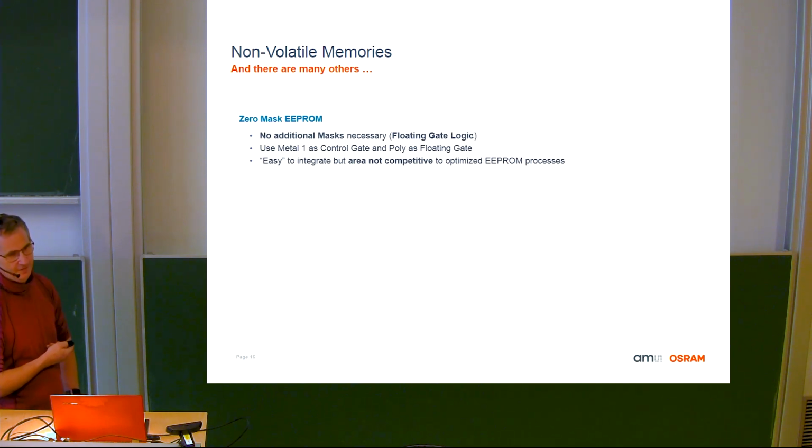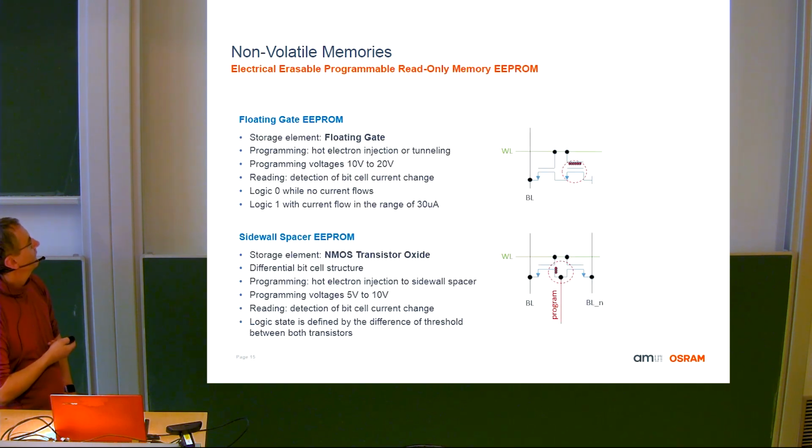And as said, there are many more. So coming out of the floating gate transistor, floating gate EEPROM system, what we have here. The trick about this is you need a floating gate. Theoretically, you could say, okay, if you do not connect this transistor poly here, it's also floating.